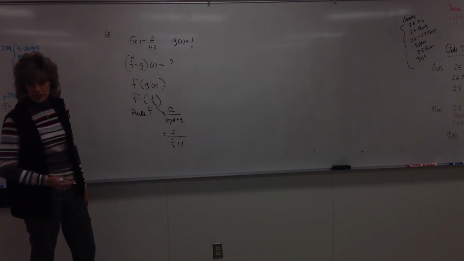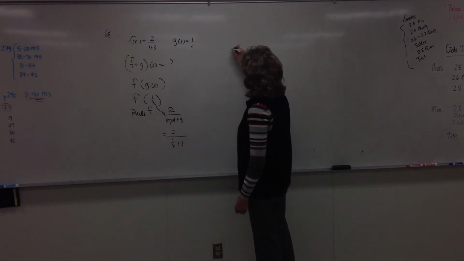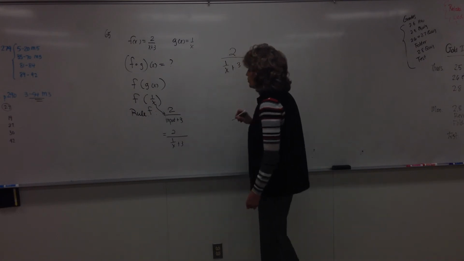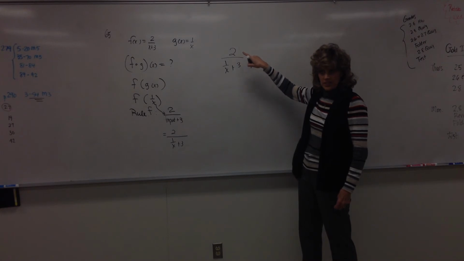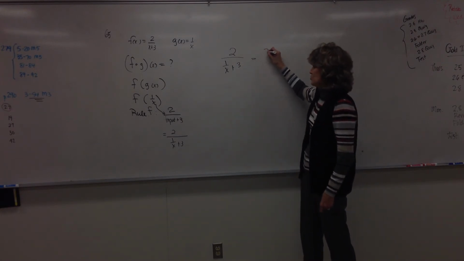That's a complex fraction. We worked on complex fractions a lot earlier in the year. When we worked on complex fractions, we said do all you can do on the top, then do all you can do on the bottom, and then work from there. There's nothing I can do with the 2.